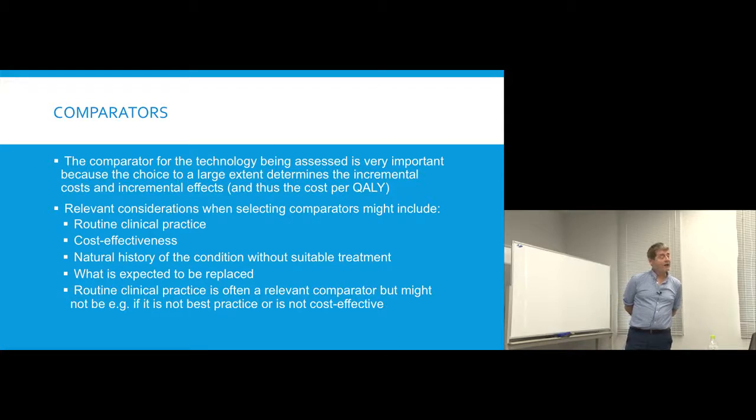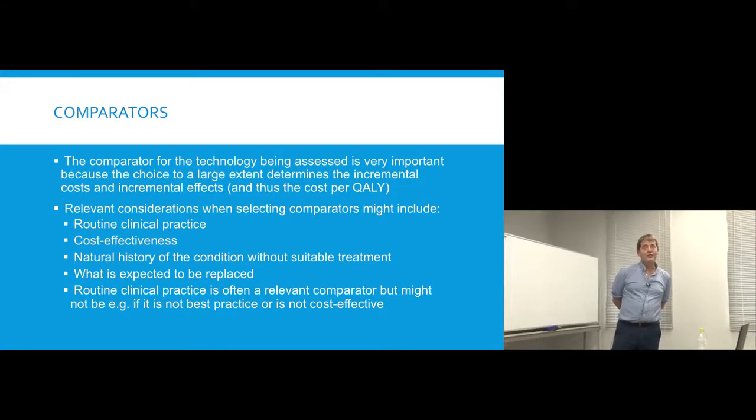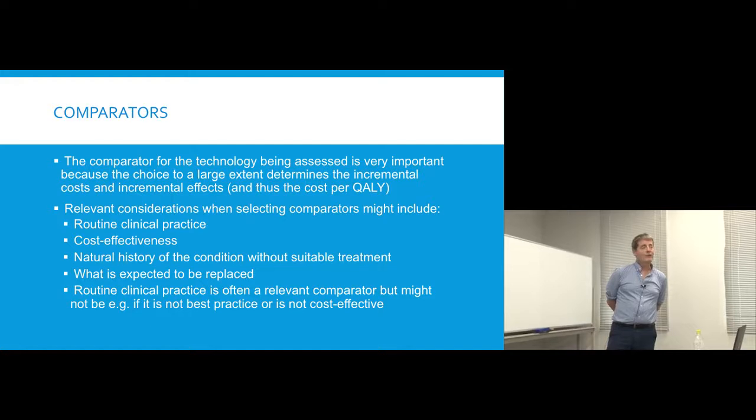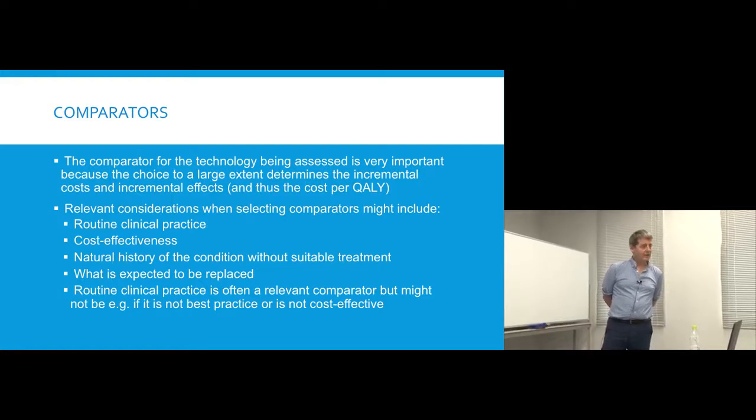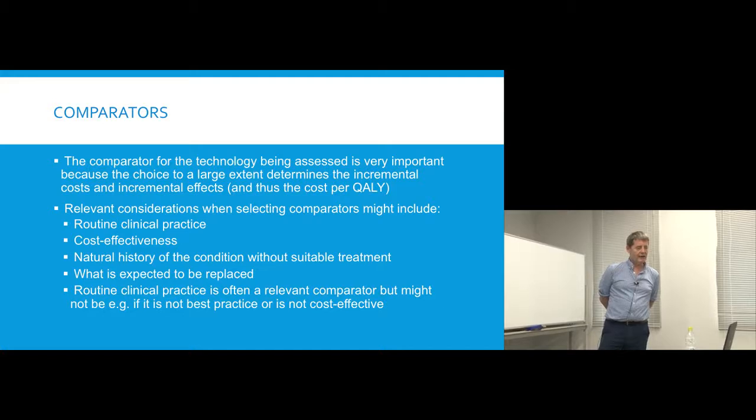For example, it might not be best practice. There's a condition called hyperuricemia, which involves uric acid building up in your joints. And what happens is crystals form, and crystals in your joints can be very painful.